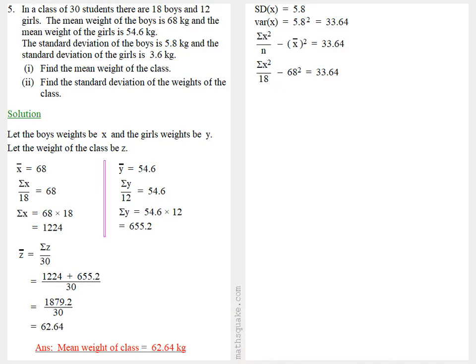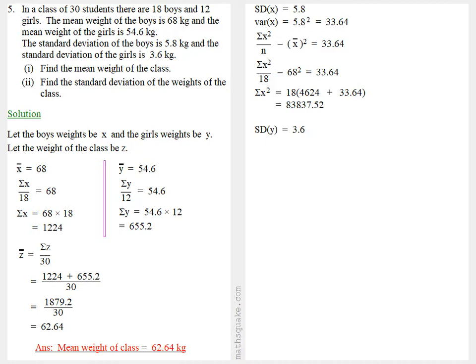So sigma x squared over 18 minus 68 squared equals 33.64, or sigma x squared is 18 into 4,624 plus 33.64, which is 83,837.52.